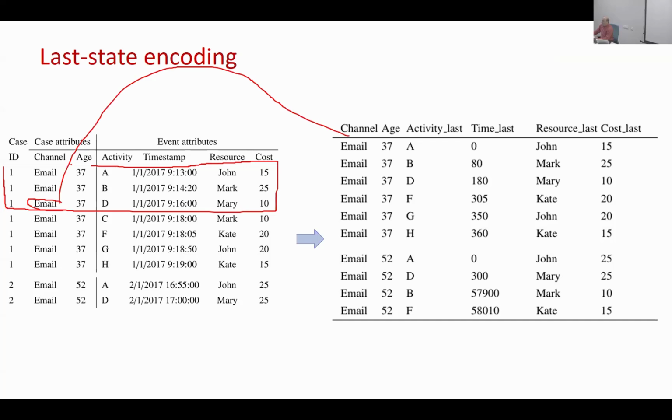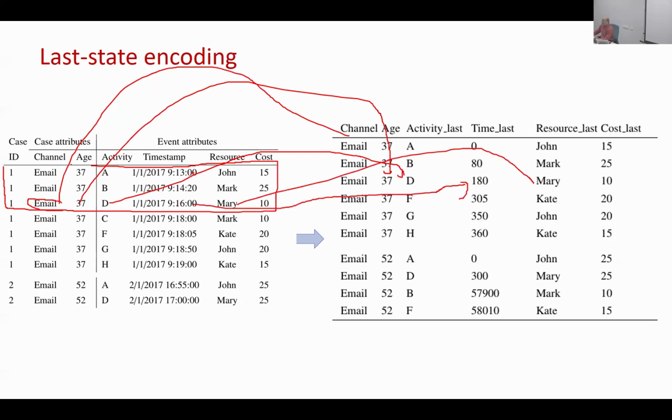The age is a case attribute, I think it is this one, 37. D is the last activity. This is the last timestamp. If I subtract it from the initial one, it gives me a duration of 180 seconds. Mari is the last performer, and 10 is the cost.